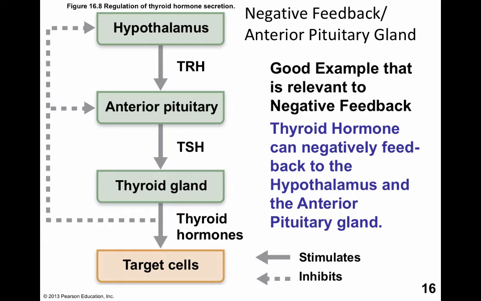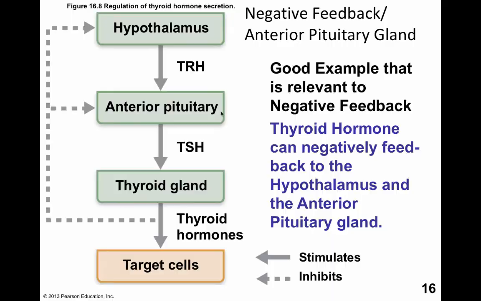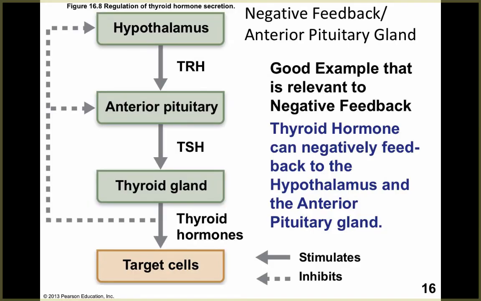And so you have the hypothalamus that will communicate to the anterior pituitary gland here. The pituitary gland will release thyroid stimulating hormone. Basically, the thyroid will receive that hormone through a receptor, and that will activate it to make thyroid hormone. And this will go to the target cell that it needs to.